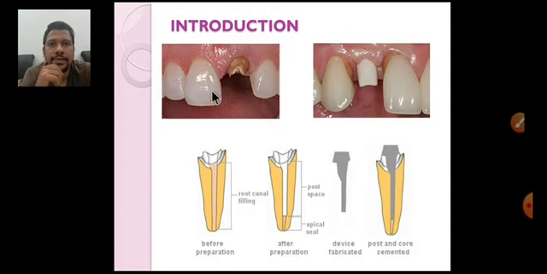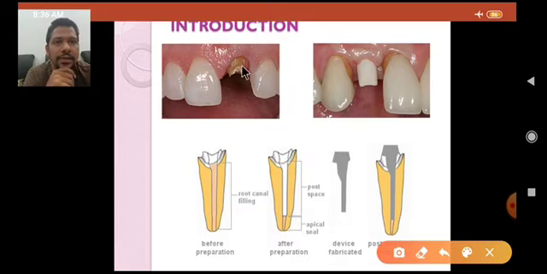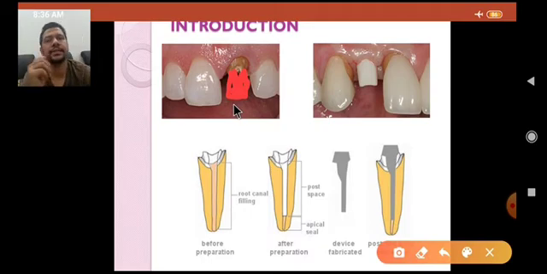In this case, you may feel like fixing it with a good cement. The best cement available nowadays in the market is resin cement. When you gave the crown, there was more coronal tooth structure, somewhat like this, over which the crown was cemented.